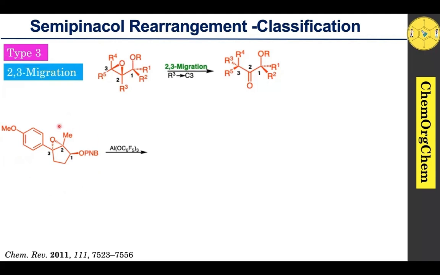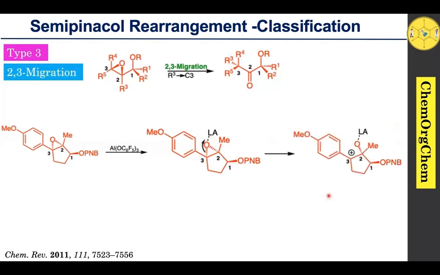When you treat this epoxy alcohol derivative with an aluminum based Lewis acid, this aluminum based Lewis acid readily coordinates with the epoxy oxygen, followed by this electron shift, which leads to generate the corresponding stable carbocation intermediate.